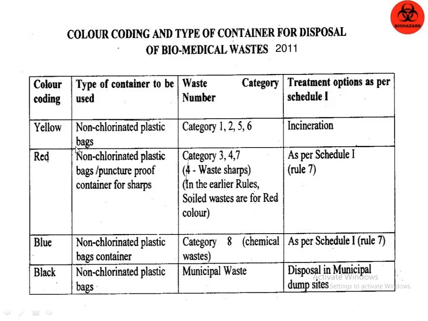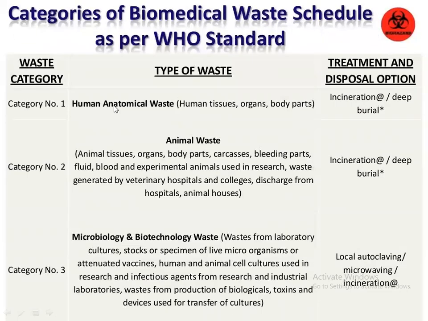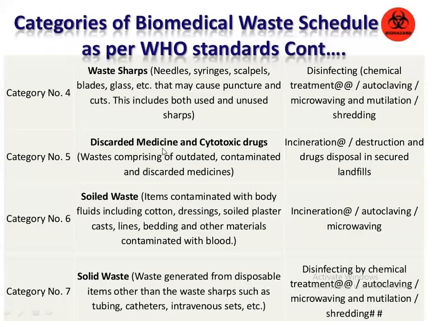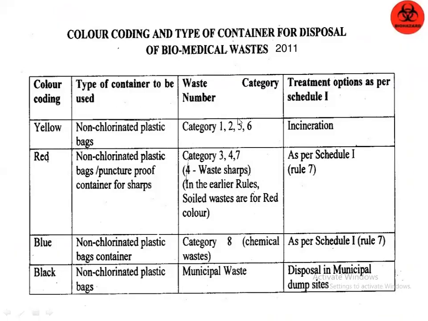Non-chlorinated plastic bags are used for waste category number 1 to 5 and 6. What comes in category 1 to 5 and 6? Number 1 human anatomical waste, second number animal waste, fifth number discarded medicine and cytotoxic drugs, and soiled waste. Which container is for this? Non-chlorinated plastic bags are used for category number 1 to 5 and 6.